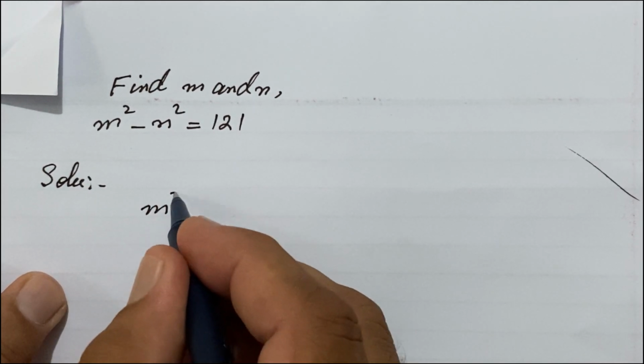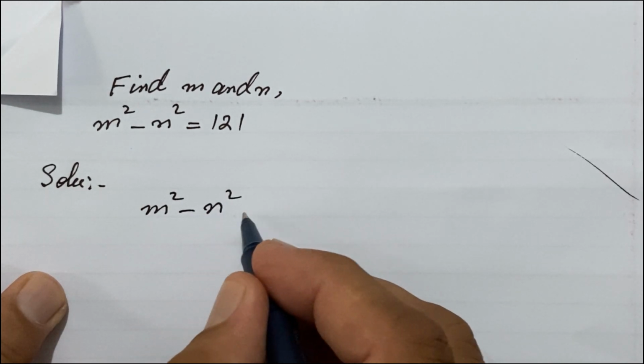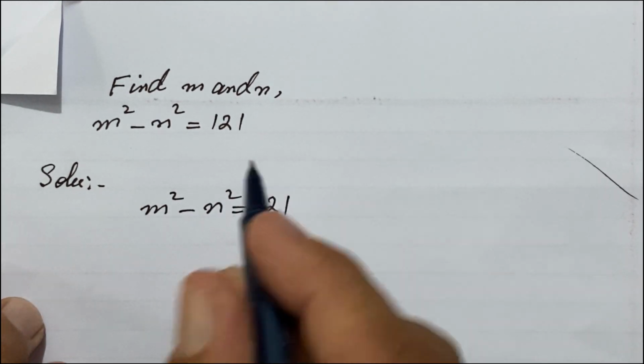m square minus n square is equal to 121.